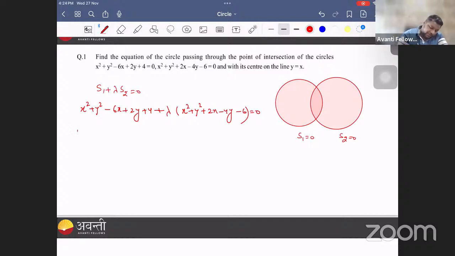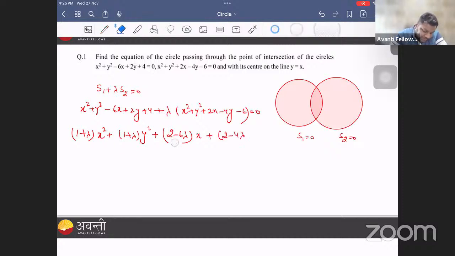So the terms will be (1 plus lambda) x square, (1 plus lambda) y square, and sorry, there's a mistake. It is (2 lambda minus 6) into x plus (2 minus 4 lambda) into y plus (4 minus 6 lambda) equals 0. Correct?